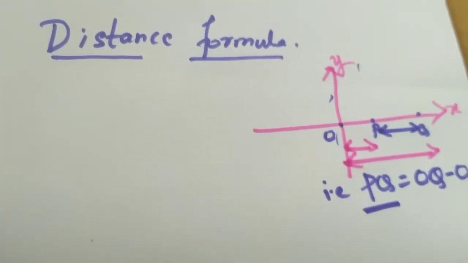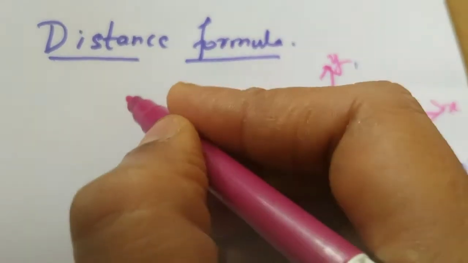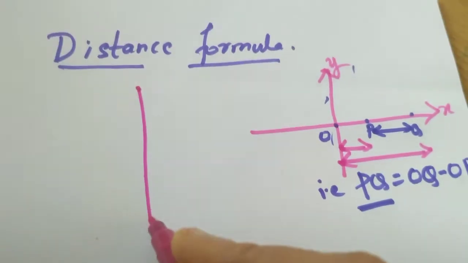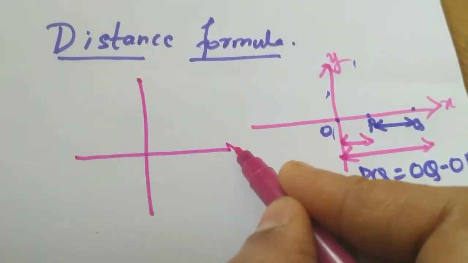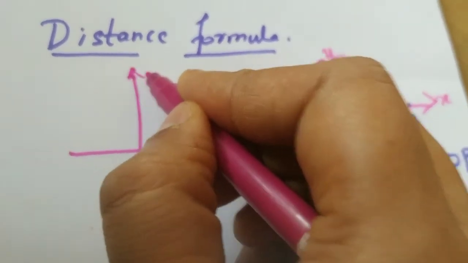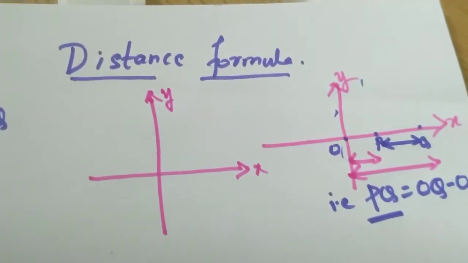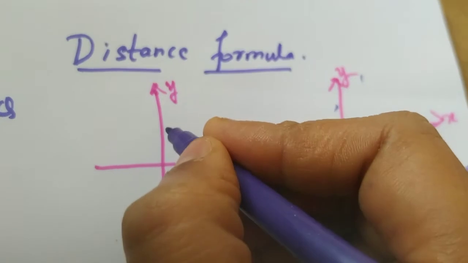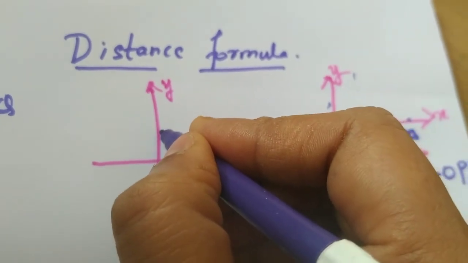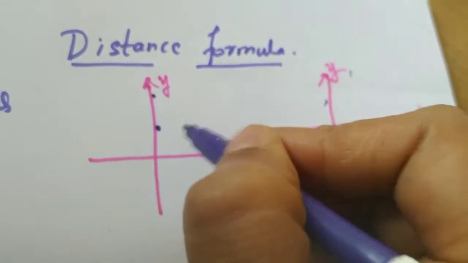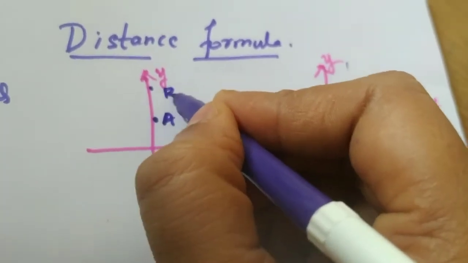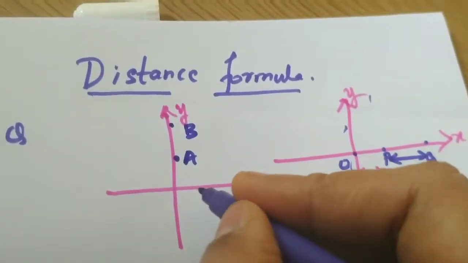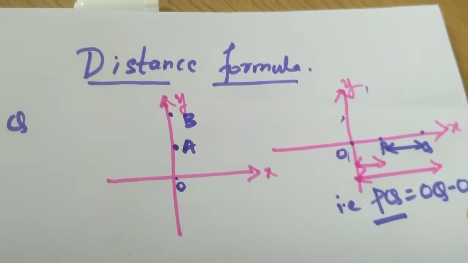Similarly, if you have along y-axis, 2 points are only on y-axis. So how to find the distance between them? So I have 2 points, 1 point here and 1 point here. Let me mark it as A and B. And both the points are on y-axis.